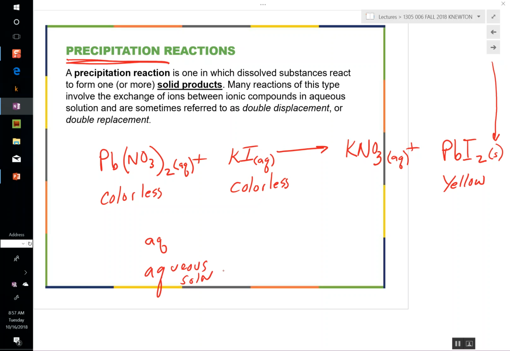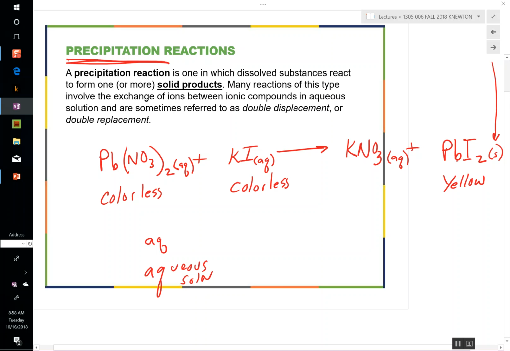The lead nitrate has gone into solution. It's dissolved. It's uniformly distributed in the water. It's an aqueous solution. Likewise with the potassium iodide here. And likewise with the potassium nitrate. It doesn't precipitate. It's very soluble in water.